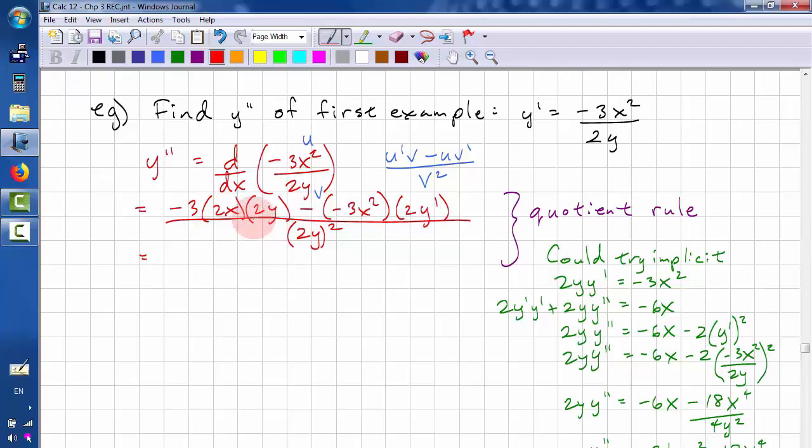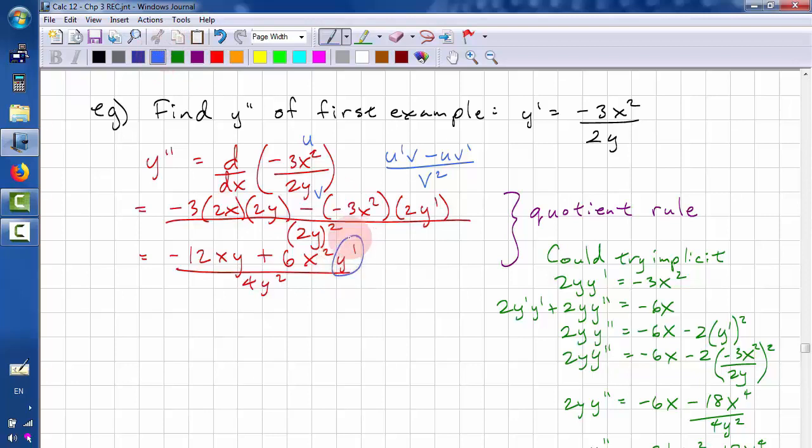Now let's just clean this up a bit. We have 2, 4, and 12. Negative 12 xy. We got 2 negative signs, so that's positive. And we have 2 times 3, that's 6 x squared y prime. And now we have 4y squared. Okay, this is a problem.